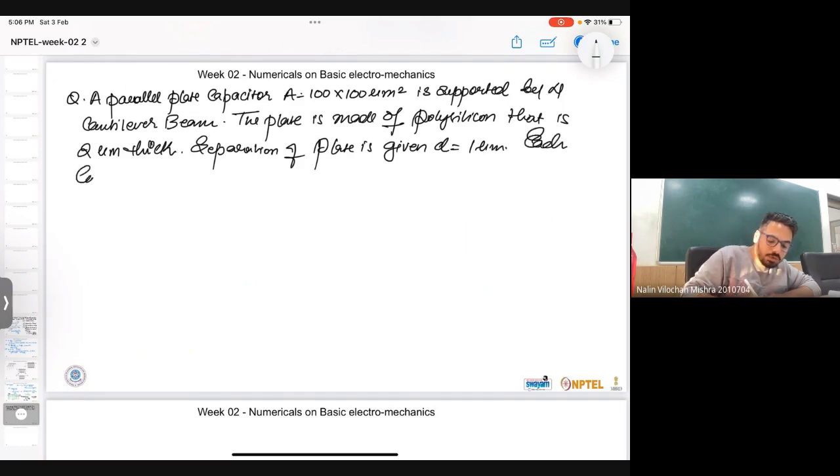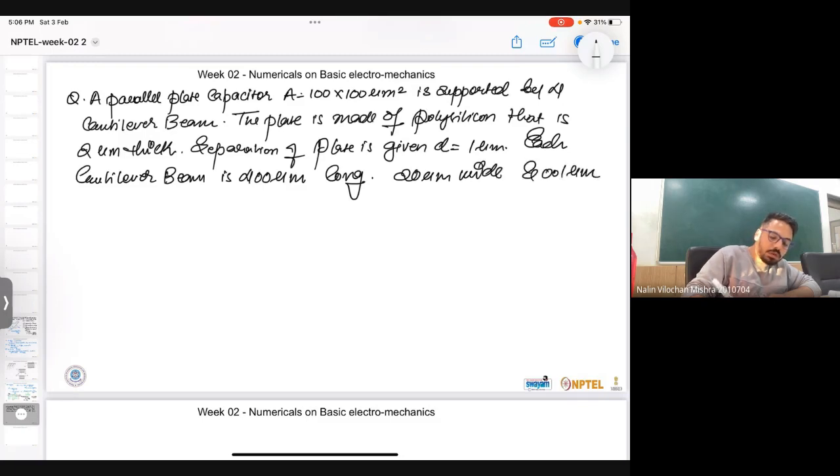Each cantilever beam is 400 micrometer long, 20 micrometer wide, and 0.1 micrometer thick.